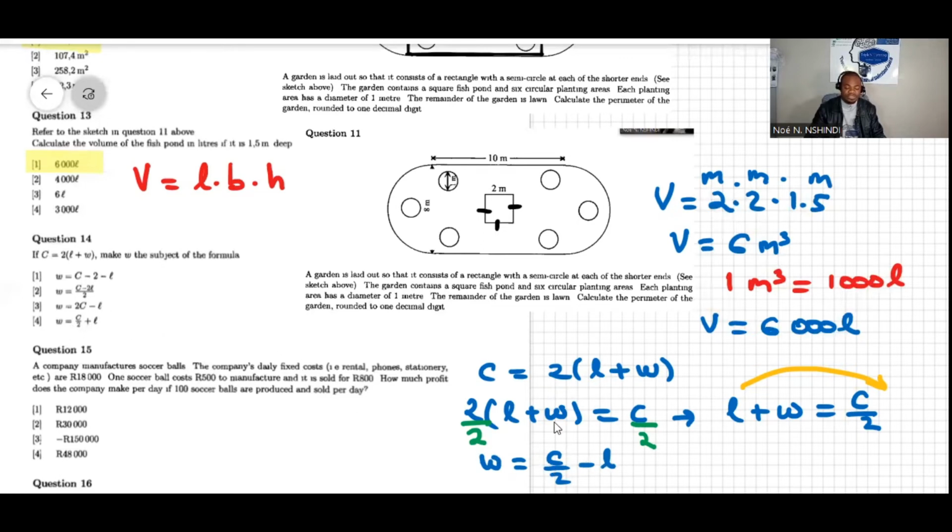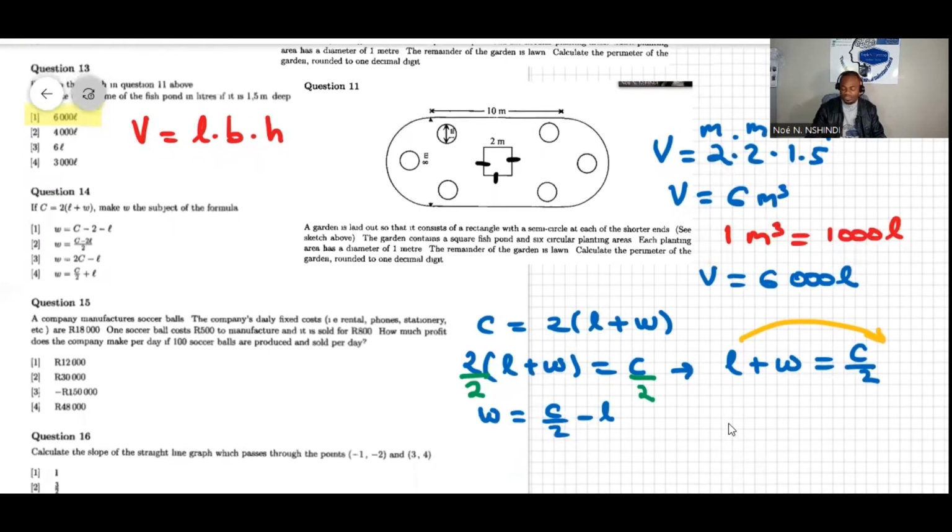Now let's try to write my answer with a common denominator. Here, if you see L like that with no denominator, it means the denominator is just 1. If I need to solve this fraction, I need to make this denominator common. How? I'll times 1 by 2, and I times also the numerator by 2. If I times the denominator by 2, I must also times the numerator by 2 to keep the fraction the same.